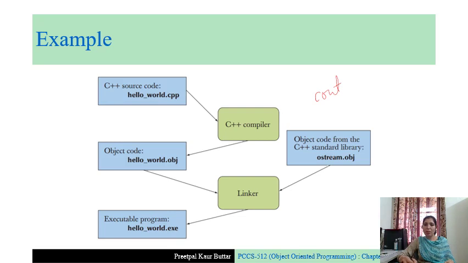So the object code of cout is available in the library ostream.obj and the linker will add this and combine helloworld.obj and ostream.obj and then it will create the executable program helloworld.exe, which can be executed directly on the machine.